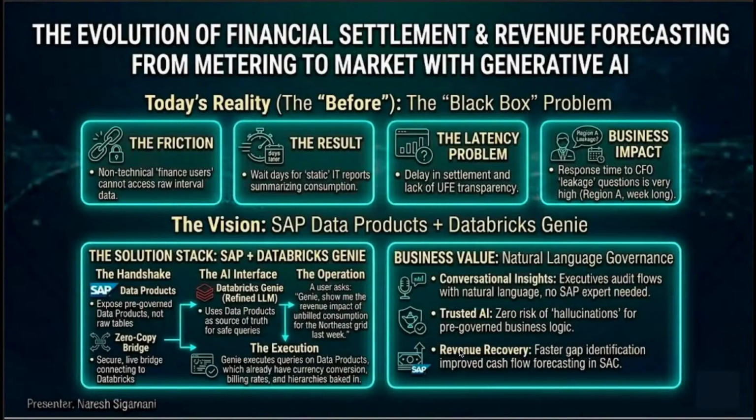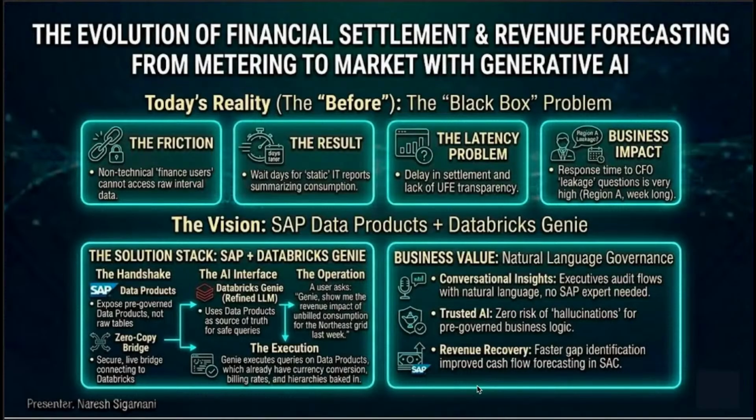Now let's look at the heart of the business, the money. In industries like energy and utilities, moving from metering to market is a high-stakes game. Traditionally, this is a black box. Right now, non-technical finance users don't have direct access to raw interval data. They wait days for static IT reports.